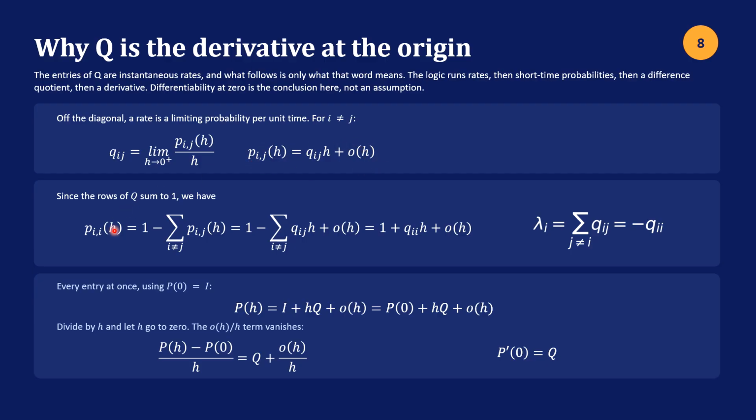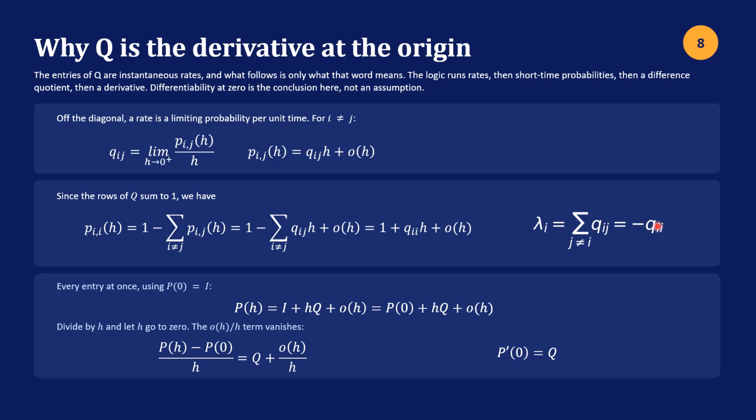And then we can also find P_ii of h. That's 1 minus the sum for j not equal to i of P_ij of h. Remember, the rows of the transition matrix sum to 1. And then we plug this into here. We get this here.